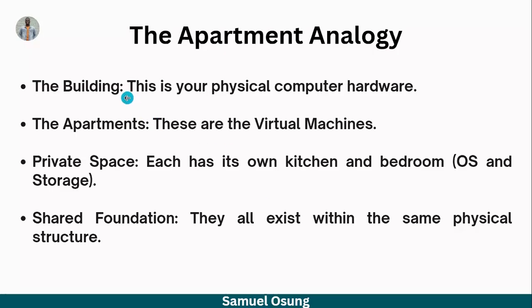I'll repeat it again. The building is your physical computer. The apartments inside the building can be likened to virtual machines, but each of the apartments has its own kitchen and bedroom. But they all exist within the same physical structure.